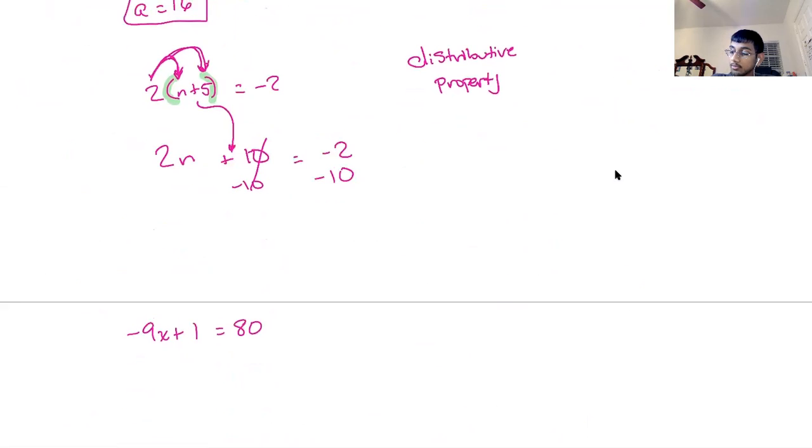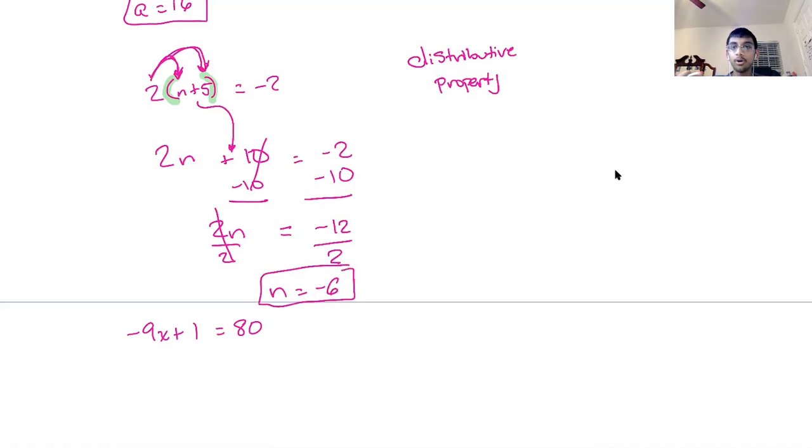We end up getting left with 2n on this side, and that's equal to -2 minus 10, which is -12. Then we can simplify that by dividing this by 2, dividing this by 2. So n is equal to -6. And that is our answer. We just solved that. Pretty simple, not too difficult.